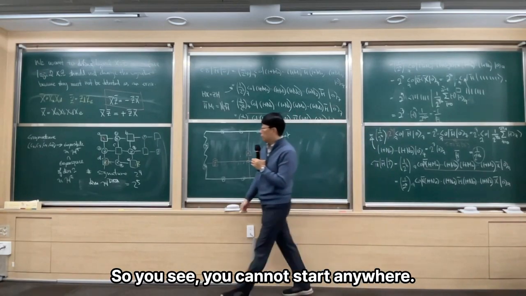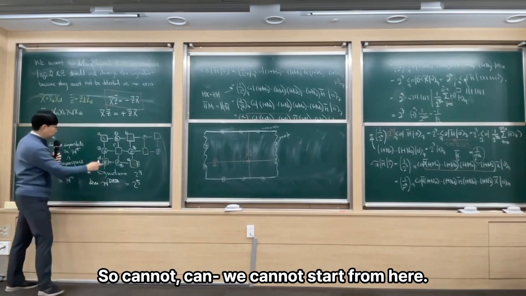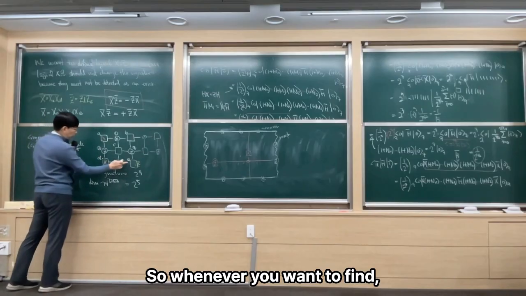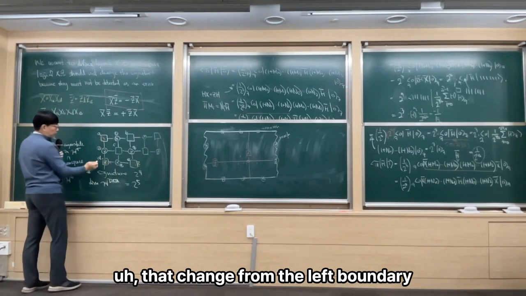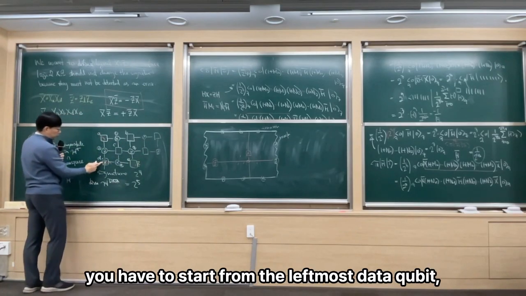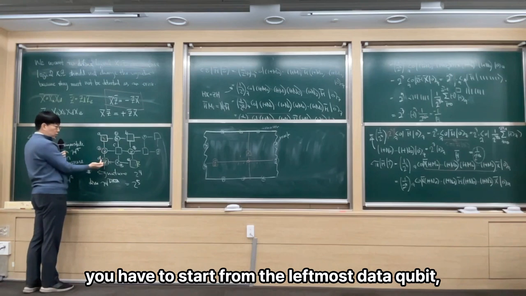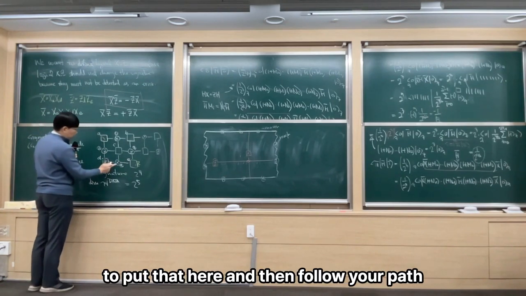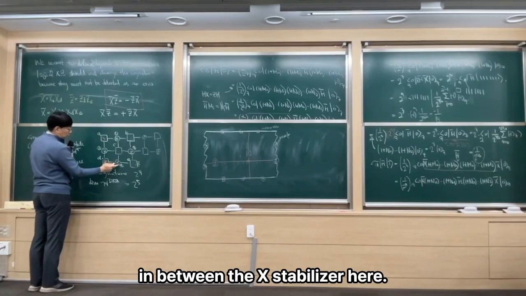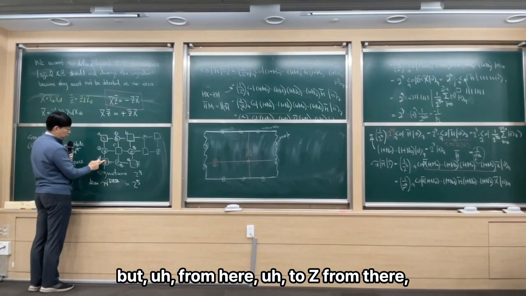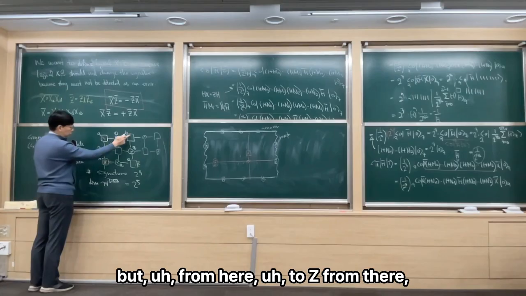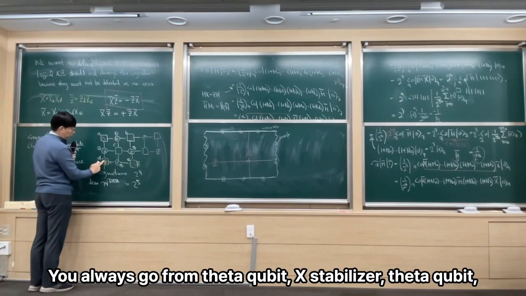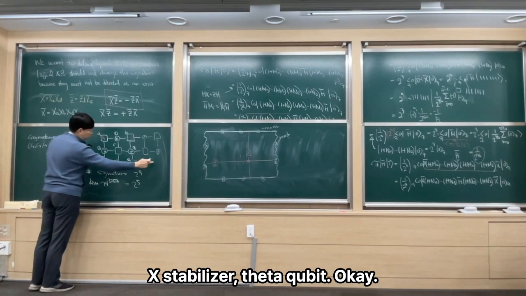You cannot start anywhere. We cannot start from here. Whenever you want to find that chain from the left boundary to the right boundary, you have to start from the leftmost data qubit, which is on the boundary here, to put Z here, and then follow your path in between the X stabilizers. So you cannot go Z from here to Z from there. You cannot skip. You always go from data qubit, X stabilizer, data qubit, X stabilizer, data qubit.